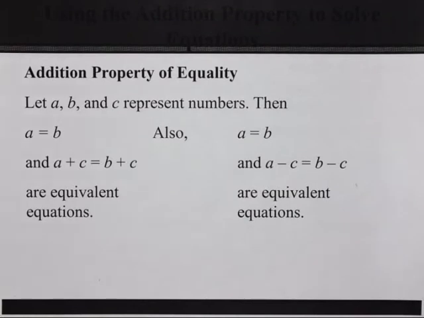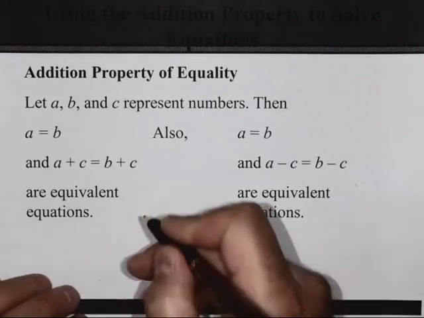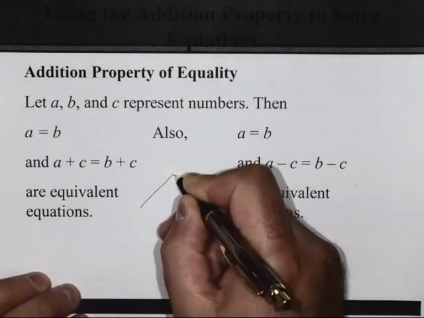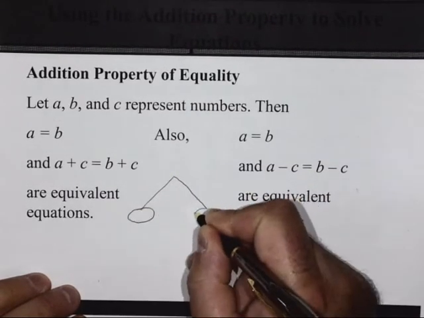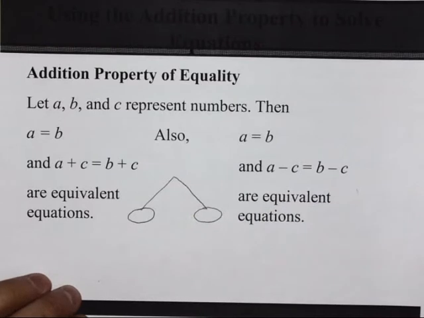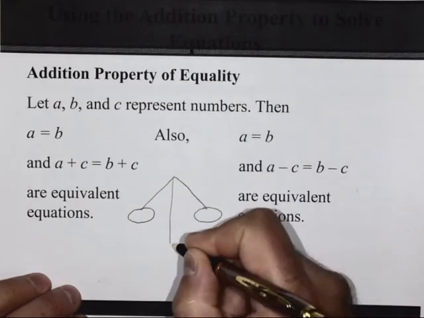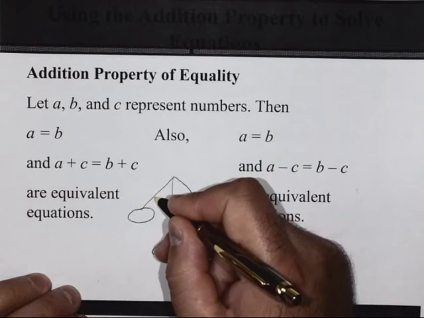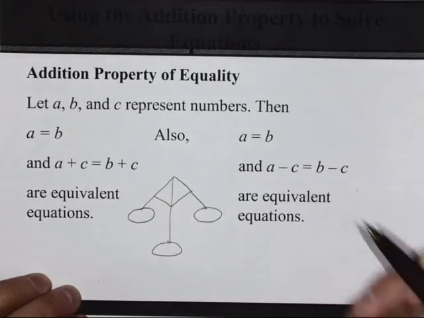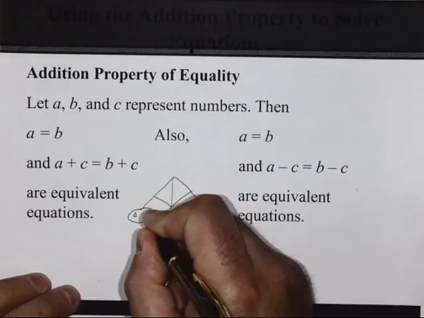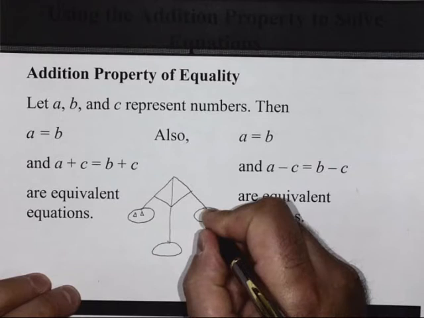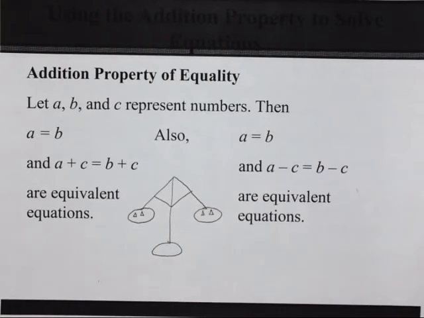It's kind of like a scale. This is my horrible attempt to draw a scale. Think about the scales of justice or whatever. If I had the same amount on both sides of the scale, the scale would remain even, balanced.